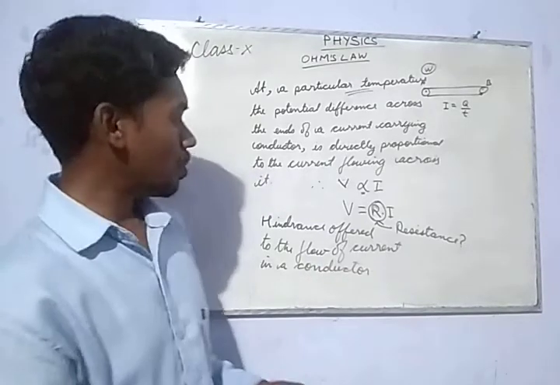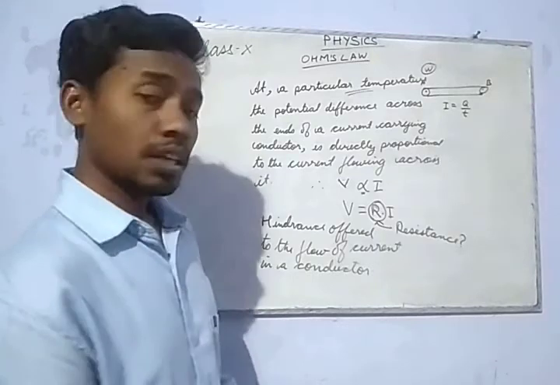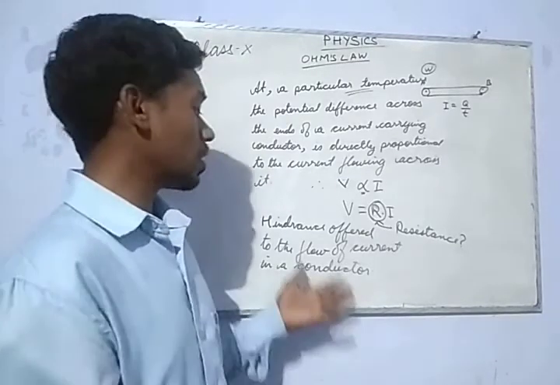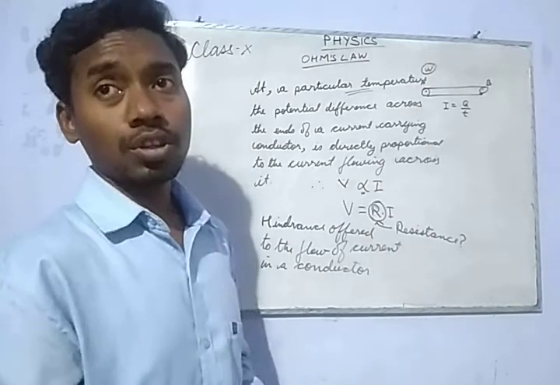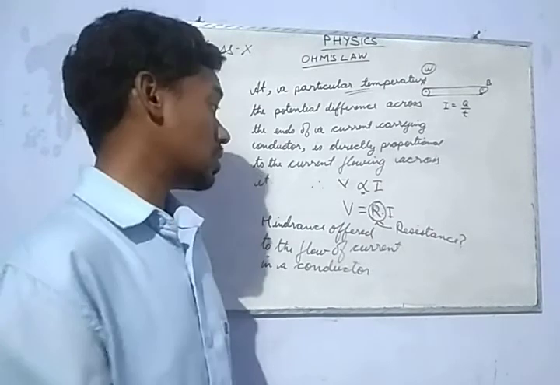So hindrance offered to the flow of current in a conductor. So when a current is flowing in a conductor, the hindrance offered to its flow is called resistance.